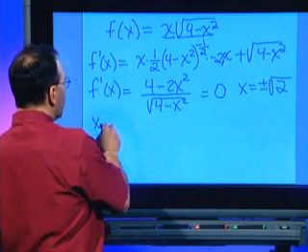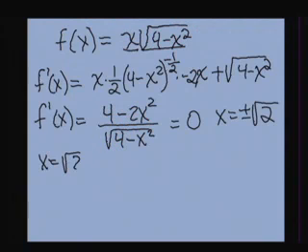So for x equals the square root of 2, we will plug that in, well, actually, we don't even need to plug that in, because remember, we looked at the graph. And when we looked at the graph, this is going to be the maximum.